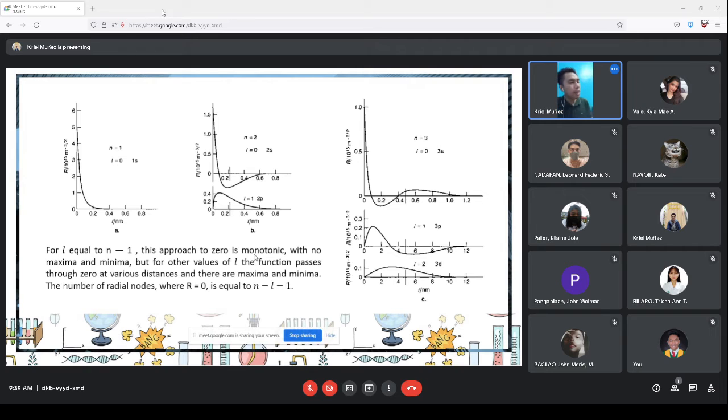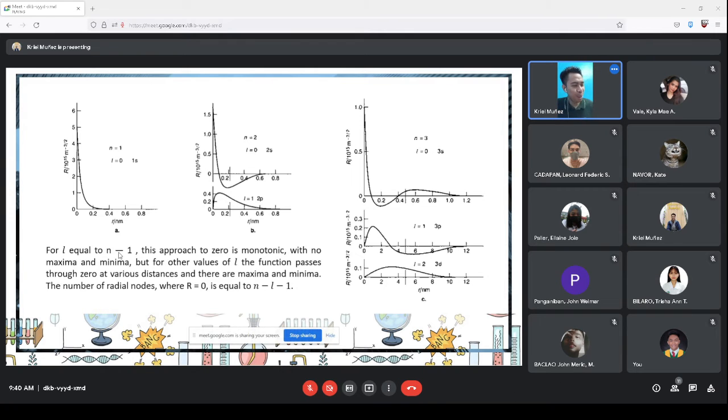For L equal to n minus 1, this approach to 0 is monotonic, with no maxima and minima.